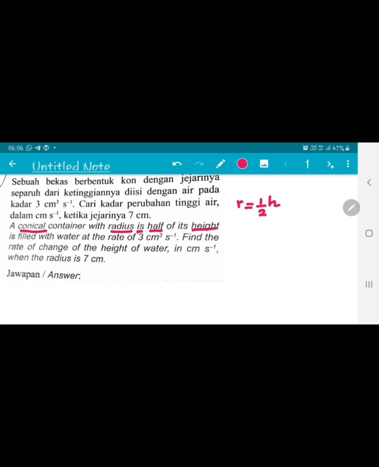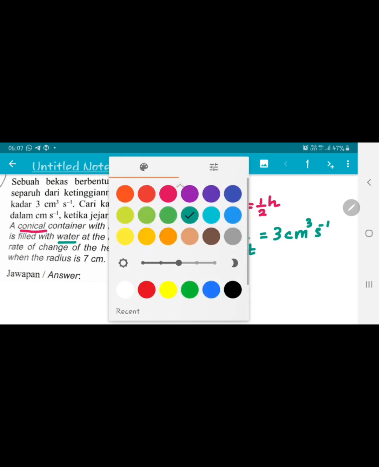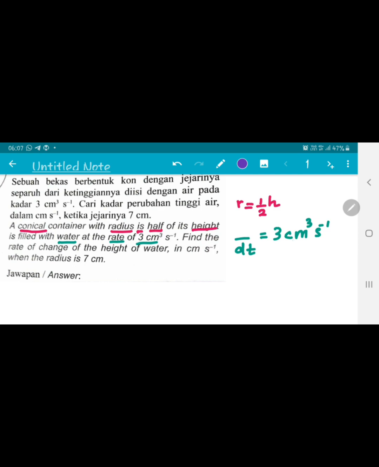Okay, it is filled with water at the rate. We have the word rate there, so put over dt, of 3 cm cubed per second. From the units there, cm cubed is the unit for volume.